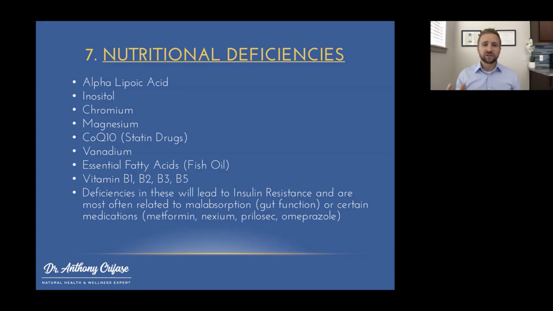These are all nutritional deficiencies that can cause and be caused by not only medications, but also prediabetes, type 2 diabetes, and insulin dysfunction in general. So you need these nutrients and these vitamins and minerals in order to properly manage blood sugar and insulin in the body. So it's really important that we are able to identify these things.